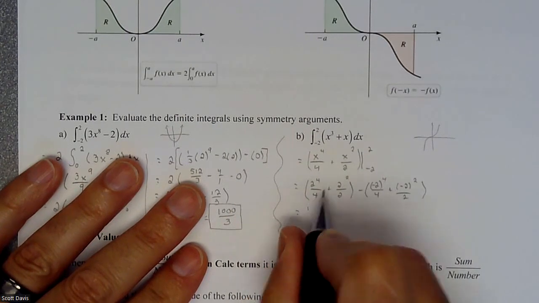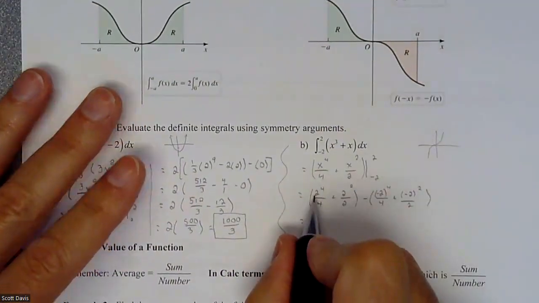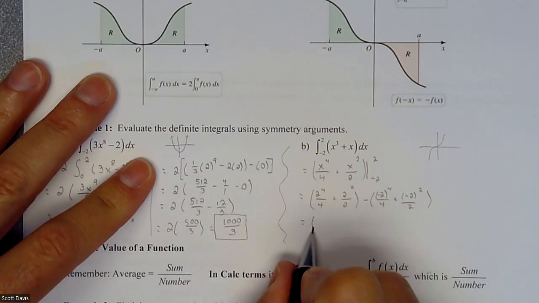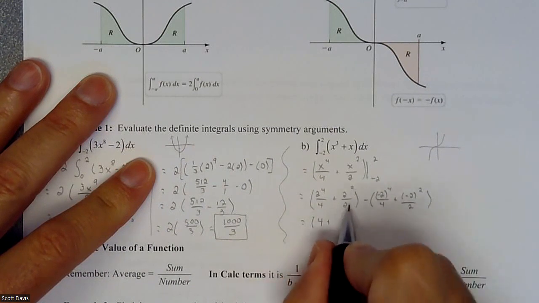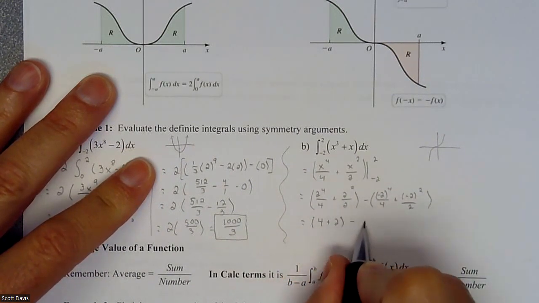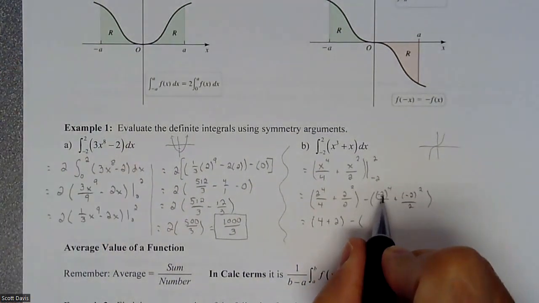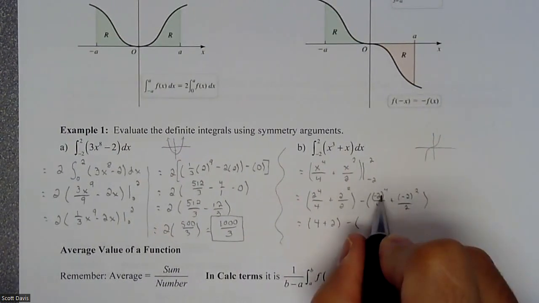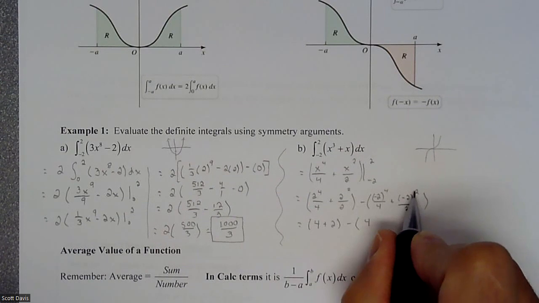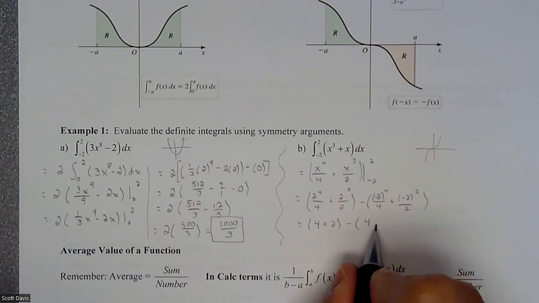So 16 fourths. 16 divided by 4 is 4, plus 4 divided by 2 is 2, minus negative 2 to the fourth is going to be also 16 fourths, which is 4. And then this is going to be a positive 4 over 2, same thing as this. So that's going to give us a 2.